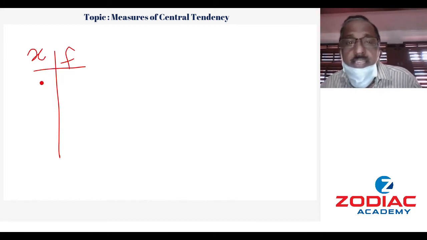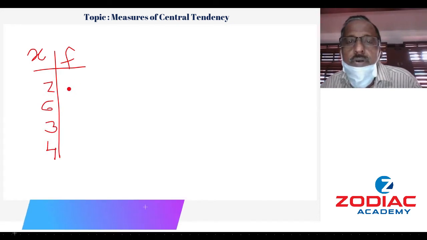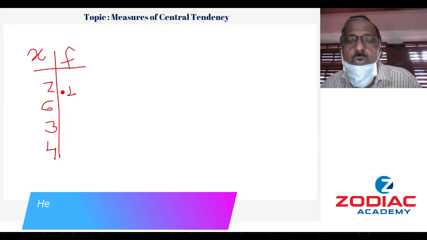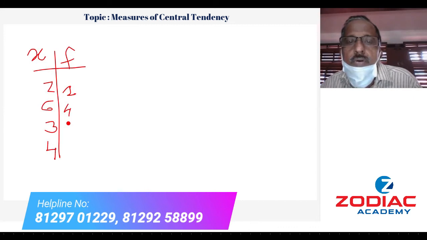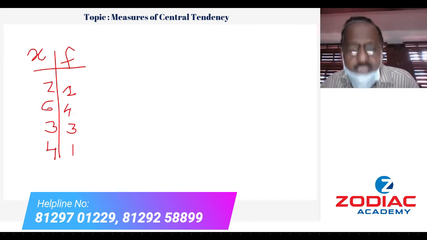Here is an example: 2, 6, 3, 4 are the values of x, and the corresponding frequencies are 2, 4, 3, 1. In this case, we can calculate the arithmetic mean. First of all, you can add another column.